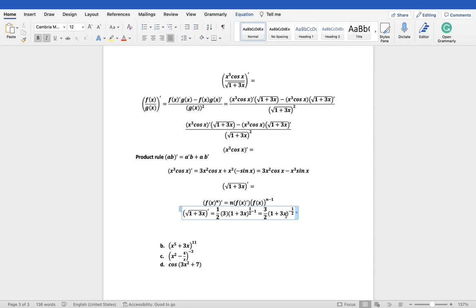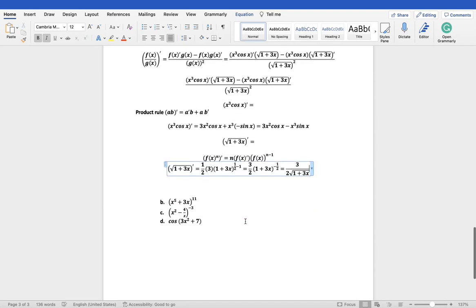And of course, you can simplify this further to be 3 divided by 2 multiplied by the square root of 1 plus 3x. Okay, it's basically the same thing, right? So now we found our two values that we needed to plug into the original function here. So let's go back to that.